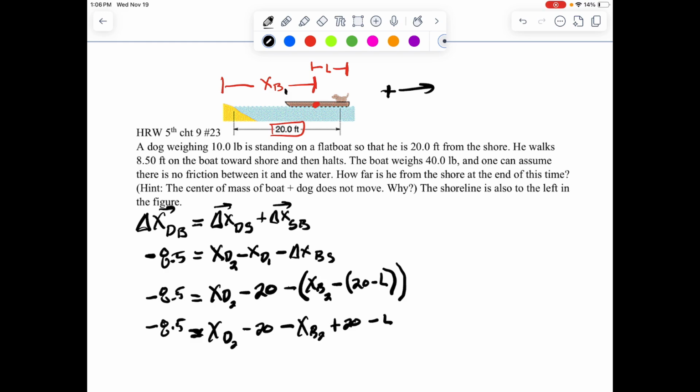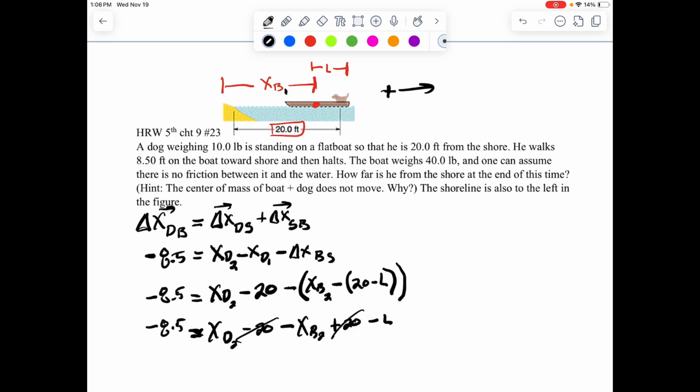So I've got to find how much everything changed elsewhere. And that's why we use this Galilean transformation. And this gives me, so this 20 and 20, that cancels out. That's nice. Yeah, because that really shouldn't matter.